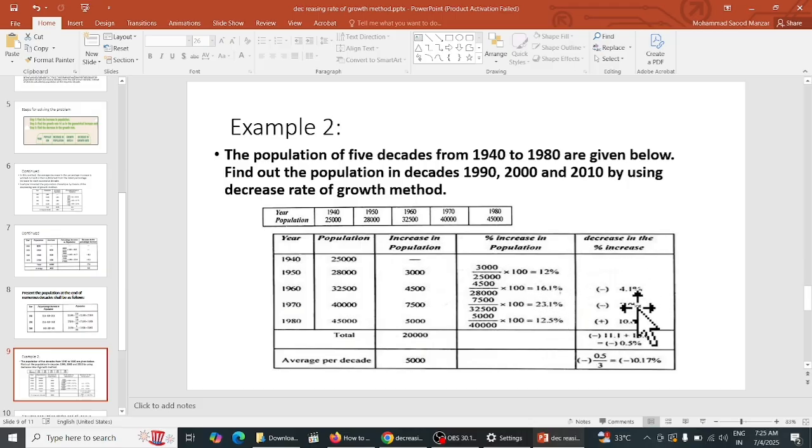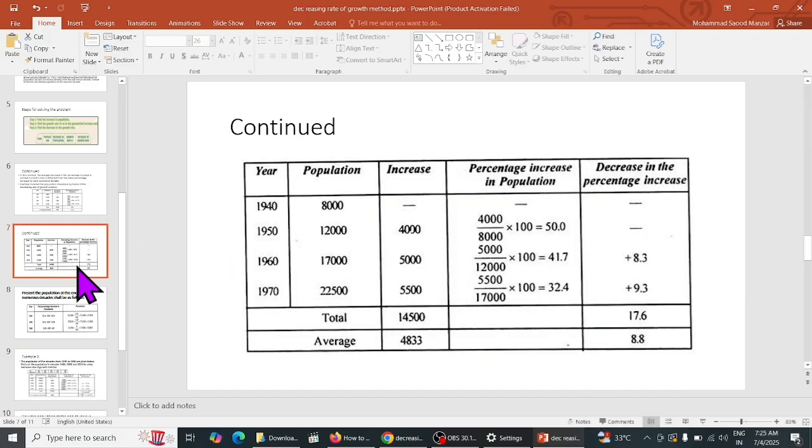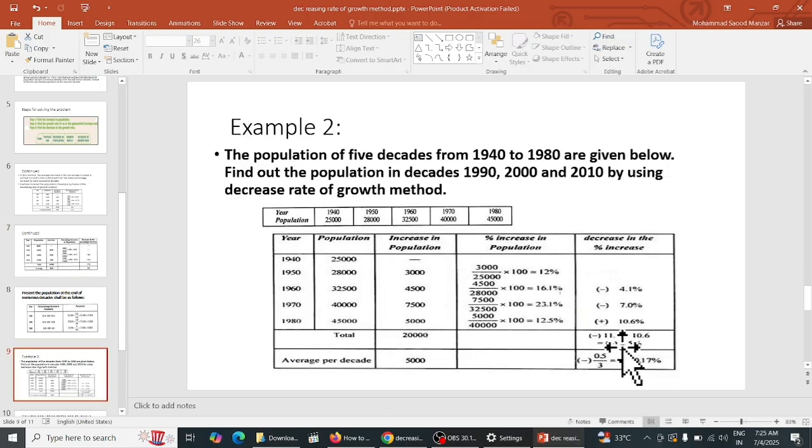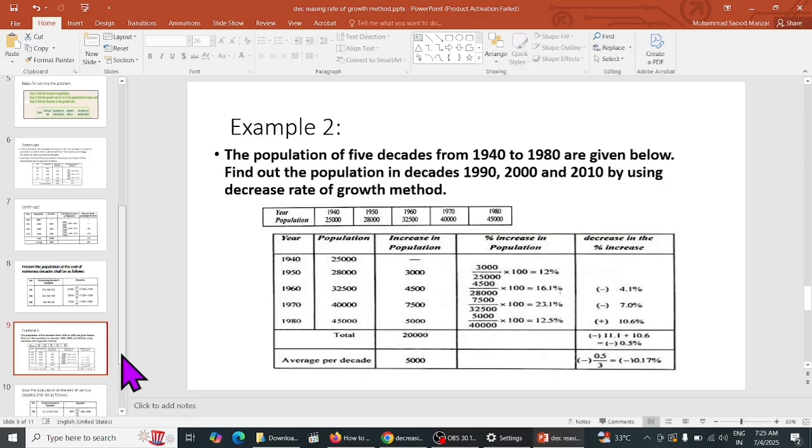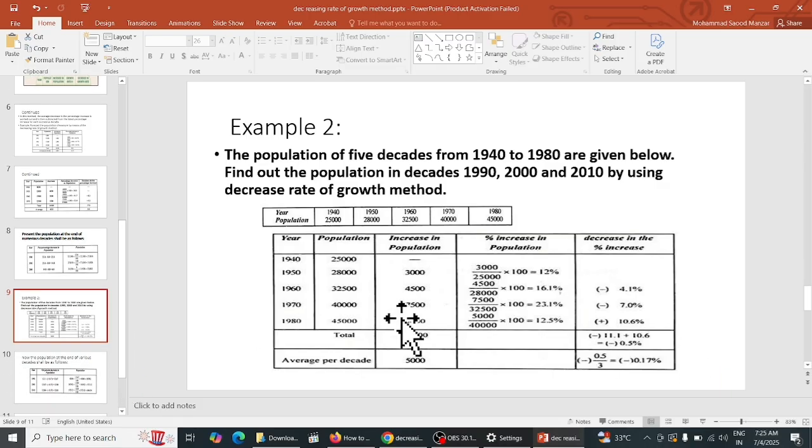Similarly, this one is also minus, and this one, if you see, is positive. Okay, now this value is coming out negative. If you see earlier, the value was positive, and here it is coming negative. So the decrease in the percentage increase is negative here.